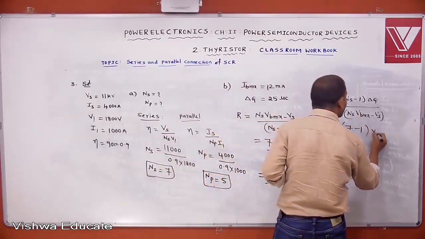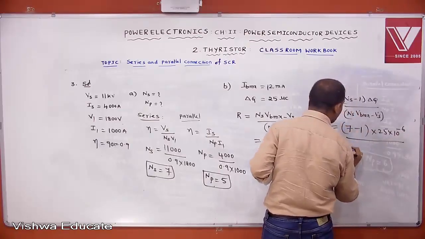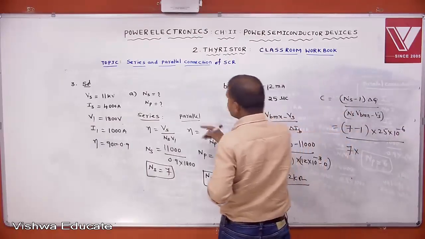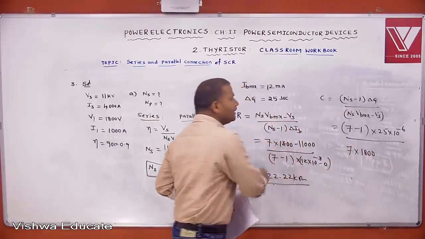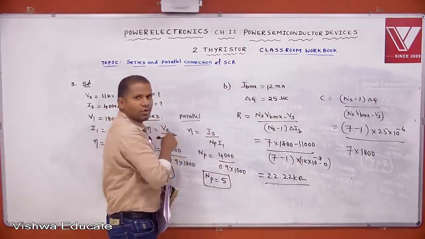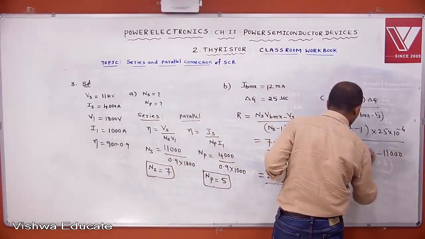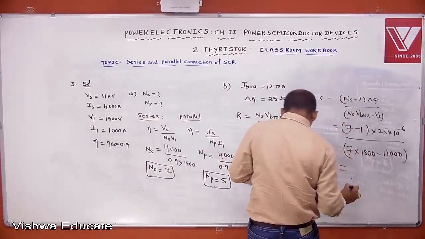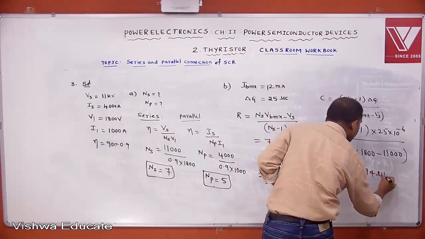The charge difference is 25 microcoulombs, that is 25 into 10 to the power of minus 6. Then 7 into VBMX, the blocking voltage 1800, minus Vs, the string voltage 11 kV, that is 11,000. Simplifying this, we get the capacitance as 0.094 microfarads.